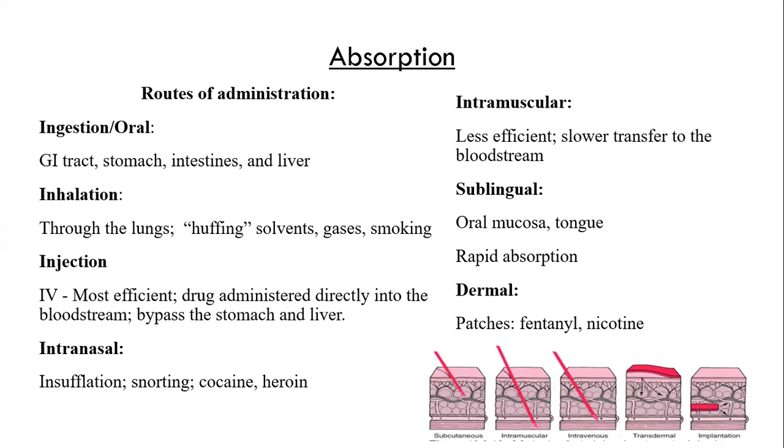Then you have intranasal, mostly in the case of cocaine, heroin, and so on. Then you have sublingual, the oral mucosa under the tongue. Those also have a very rapid absorption. You can have dermal, put on the skin. All those determine how long it will take to get into the system.